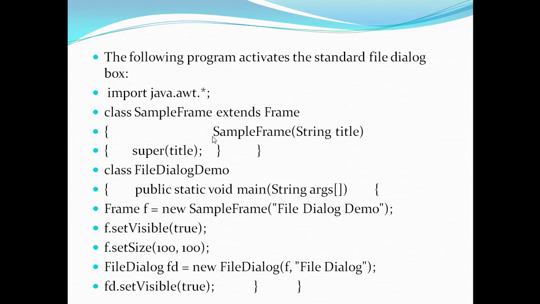Next, FileDialog fd = new FileDialog and pass the parent for this, f, that is the SampleFrame: new FileDialog(f, "File Dialog"). Next, fd.setVisible(true), close the curly bracket, close the curly bracket. In this way you can write the example of a file dialog.